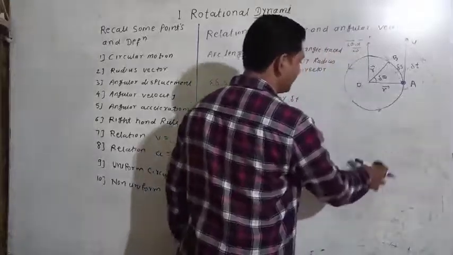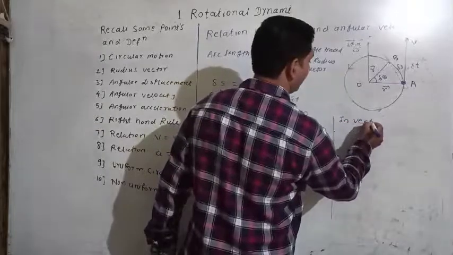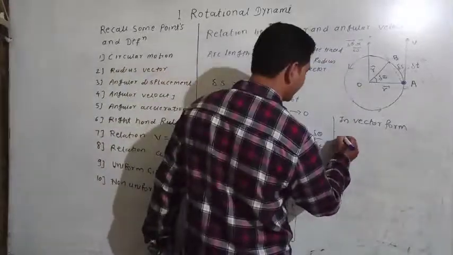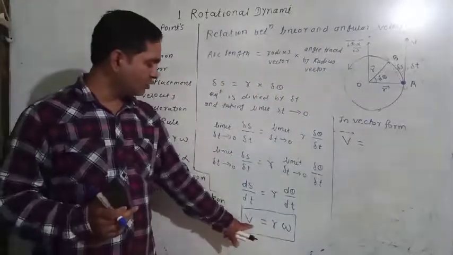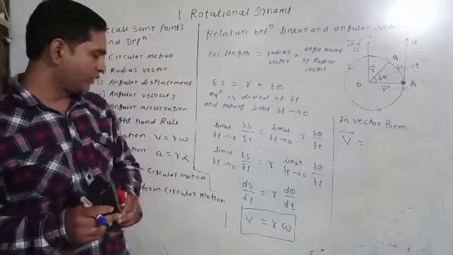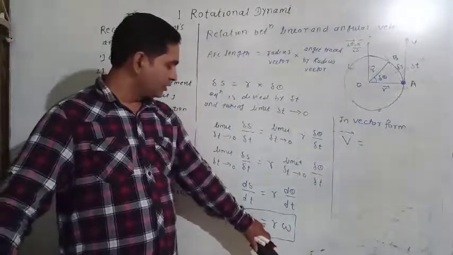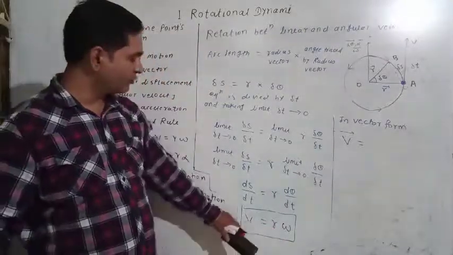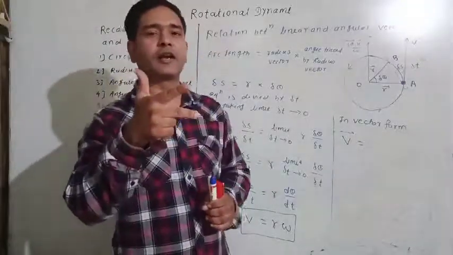Now in vector form, these three quantities are vector quantities. The product of two vectors is called the cross product, and this cross product is given by the right hand rule.